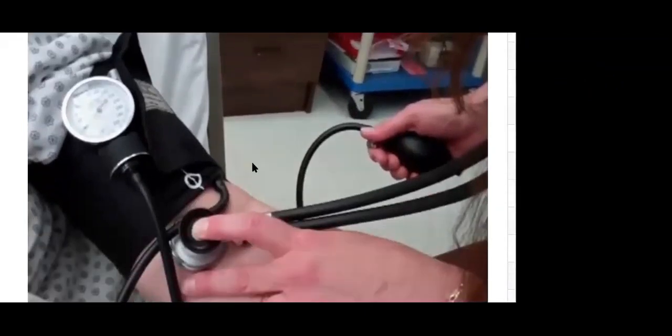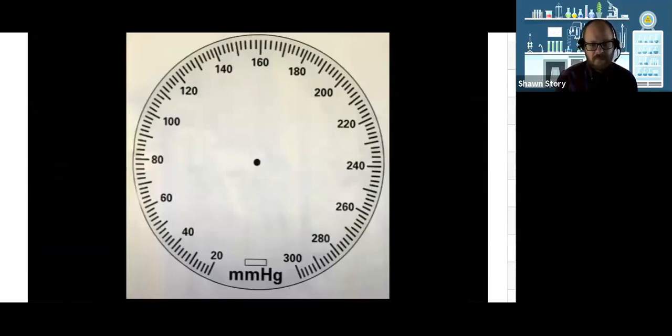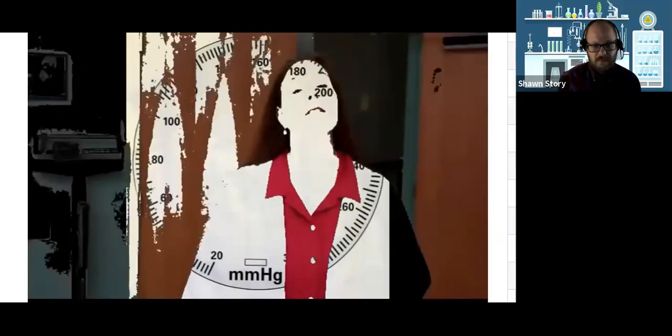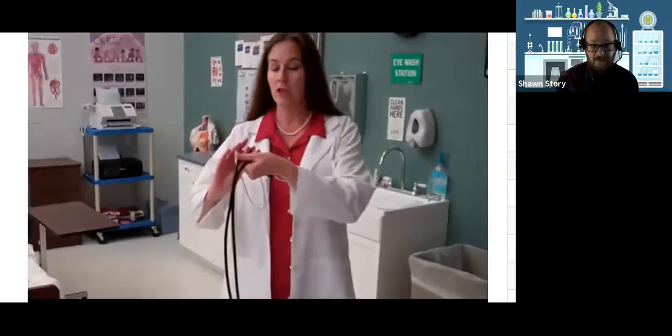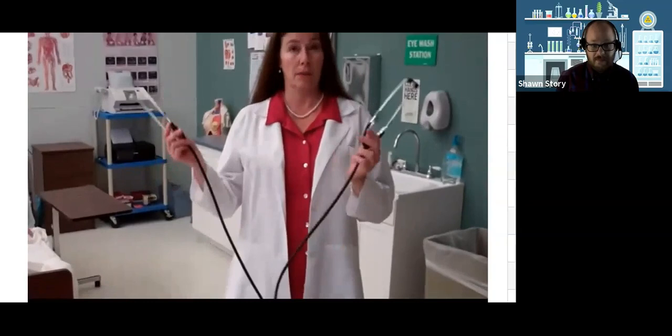Measuring blood pressure. The next skill that I will demonstrate is blood pressure. Now, as you are aware from the classroom, when you are testing, they will be using a teaching stethoscope, which has 2 sets of earpieces.